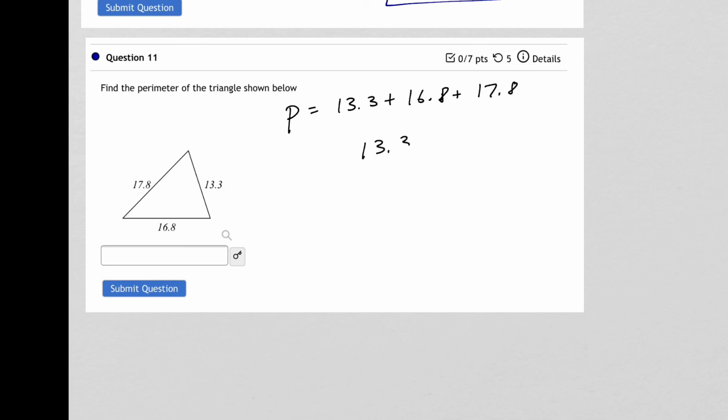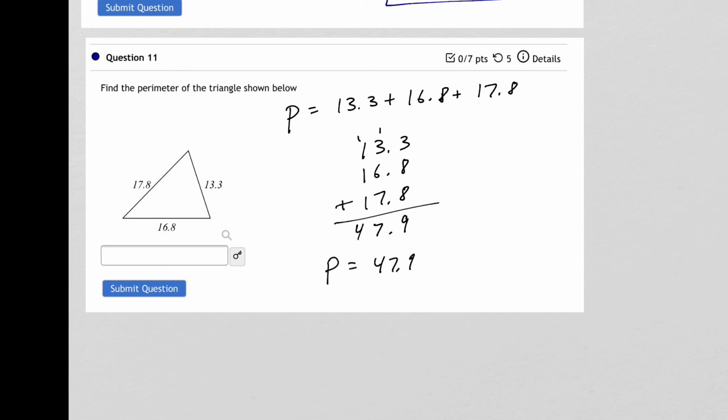So I'm going to line these up vertically, make sure I line up my decimal points, and then just add them together, right? So 3 plus 8 plus 8, this is what, 11, 19. Carry the 1, that's 4, plus 6 is 10, plus 7 is 17, and then 1 plus 1 plus 1 plus 1 is 4. So it looks like the perimeter is 47.9 units.